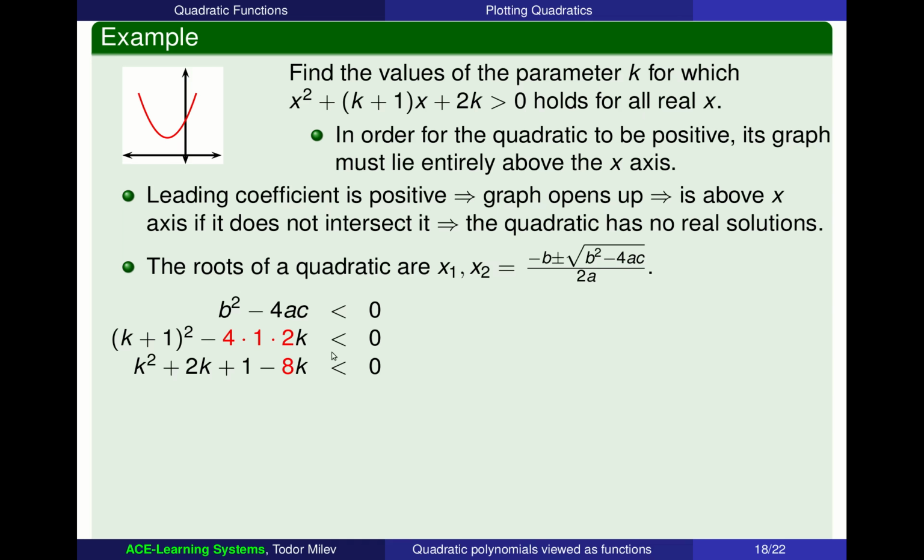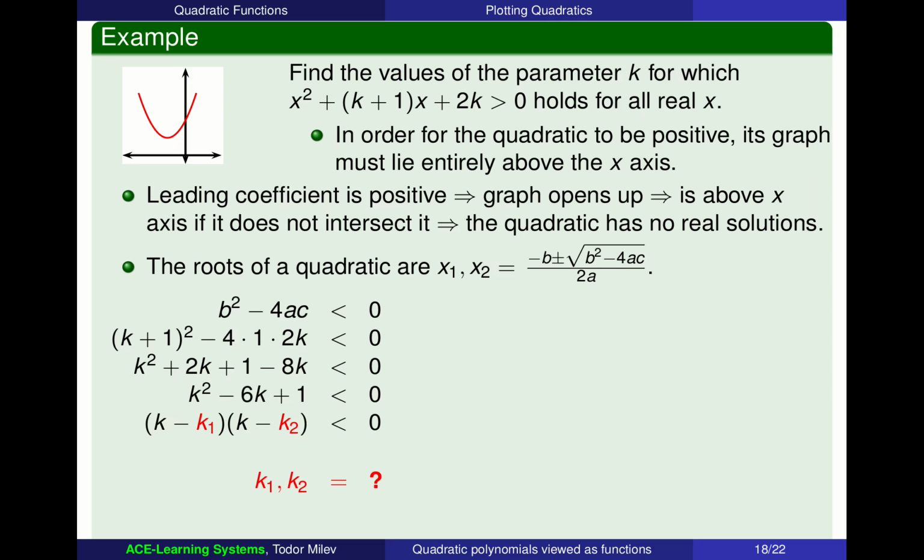Okay. Now 4 times 2, that is 8. So I'm almost done simplifying. 2k minus 8k, that is negative 6k. Okay. So that expression now, I can factor it. That's (k minus k1) times (k minus k2), where k1 and k2 are the roots of my quadratic.